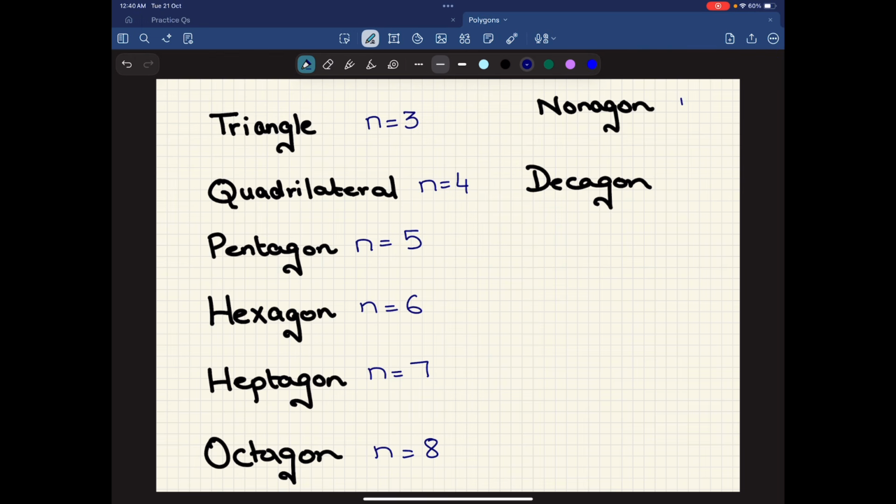A nonagon has 9 sides, and a decagon has 10 sides. We will be using this n, the number of sides, to help us calculate both interior and exterior angles today. So grab your notebooks and get ready to solve some technical questions of polygons.